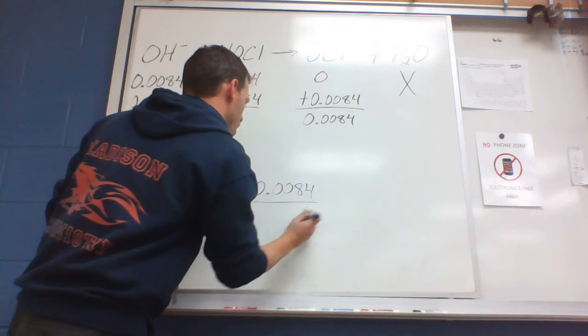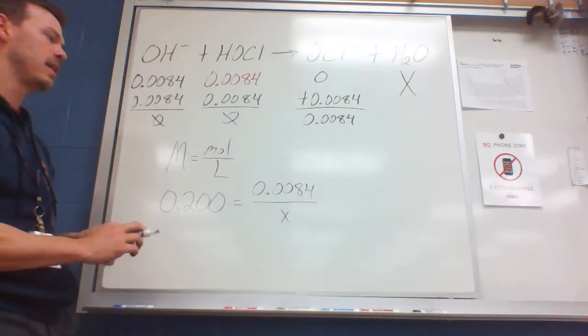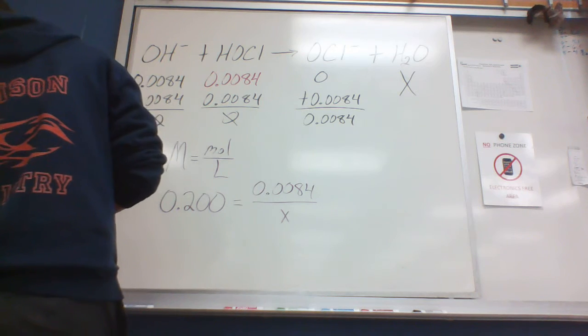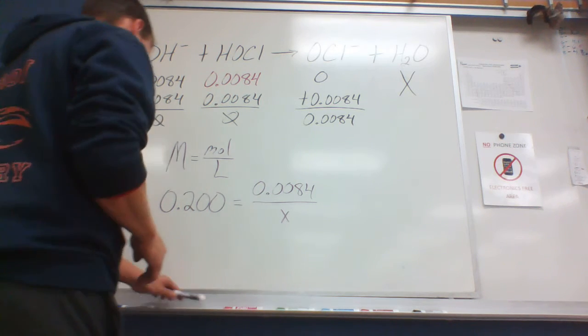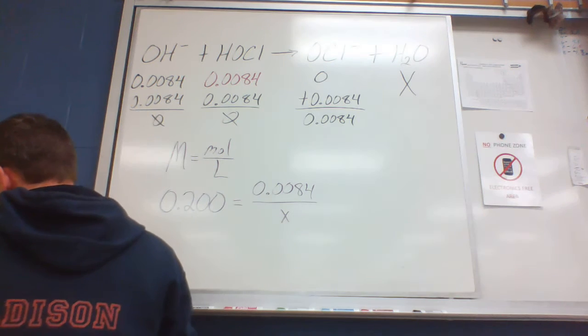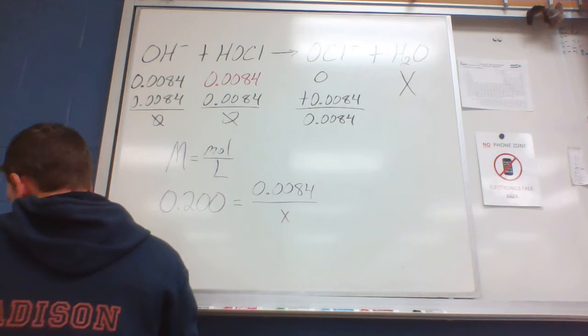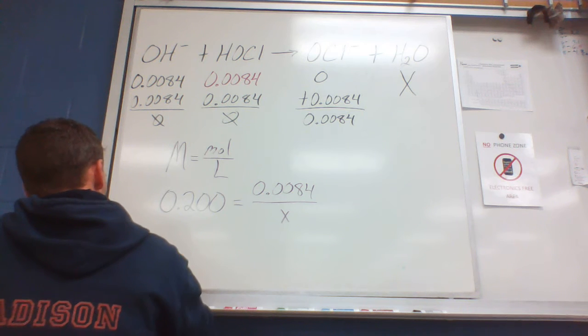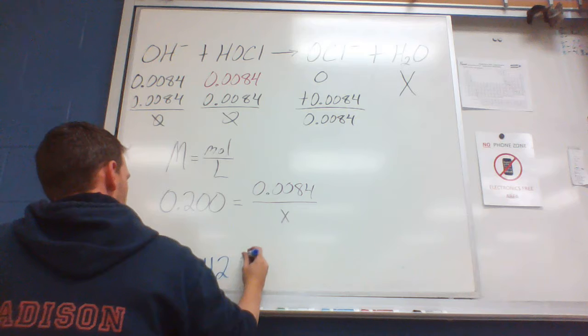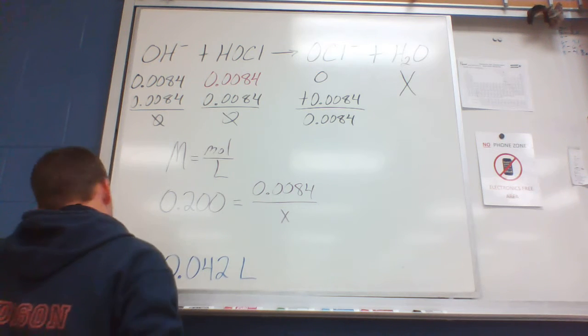What I don't know is how much volume needs to be added in order to get there. But what you will calculate is that the equivalence point volume is 0.042 liters, which is going to be 42 mils.